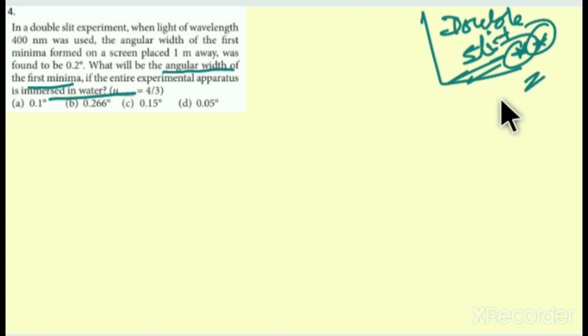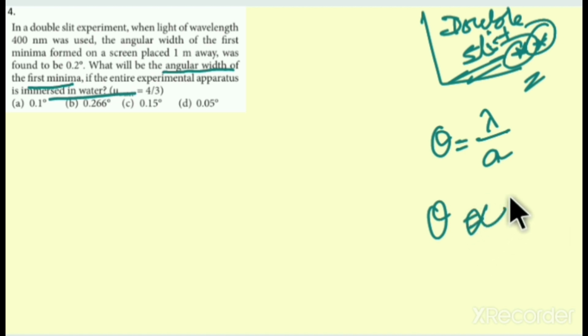In double slit experiment, theta, our angular width, is equal to the wavelength divided by the distance between the slits, that is a. And for a given value, theta always varies with lambda, the wavelength.